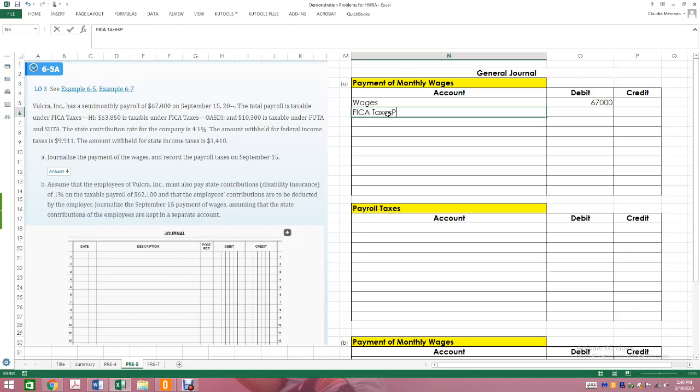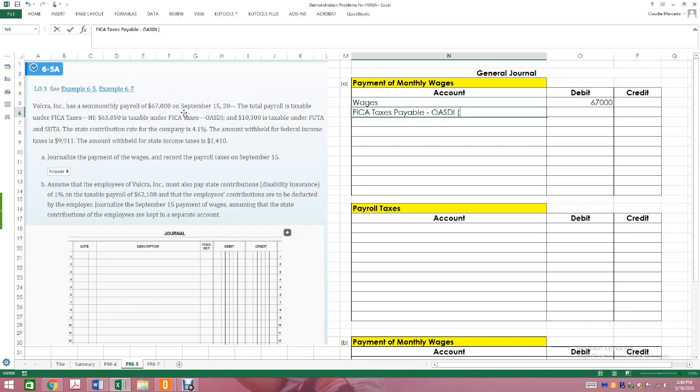FICA taxes payable, OASDI, and that is going to be calculated. Now, be very careful. It says FICA taxes payable OASDI. If you look here on the first slide, it says the total payroll is taxable under FICA taxes. That means that the total payroll of $67,000 is taxable for HI purposes.